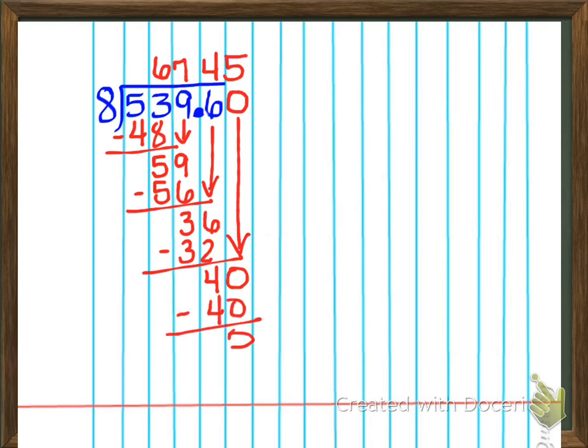Subtract, I get 0. And therefore, don't forget to place your decimal point directly above in your answer line. So we get a final answer of 67 and 45 hundredths. So in this example, I wanted to show you one again where you would sometimes have to annex a 0 in order to get your decimal to end.